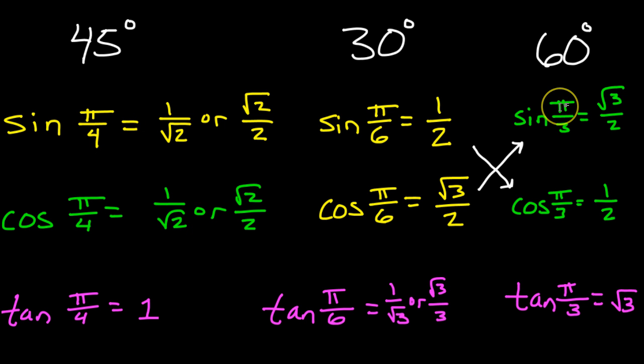For pi over 3, these are just the reverse of the pi over 6's, so you get those. And then tangent is just sine over cosine. So if you divide, you get 1. If you divide 1/2 over radical 3 over 2, you get 1 over radical 3. And same thing here. If you do radical 3 over 2 divided by 1/2, sine over cosine, the 2's cancel out and you're left with radical 3.